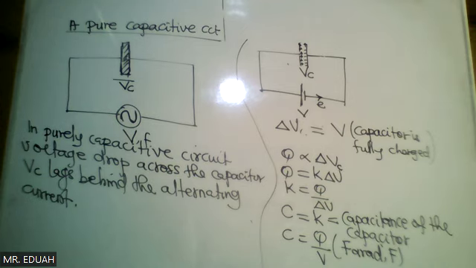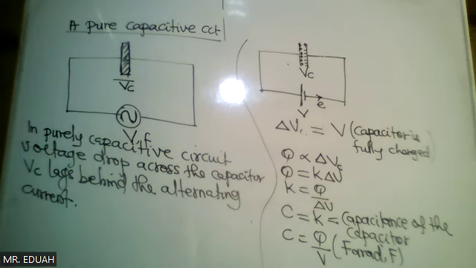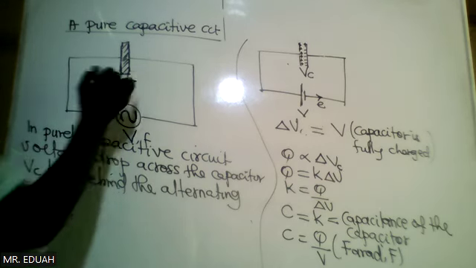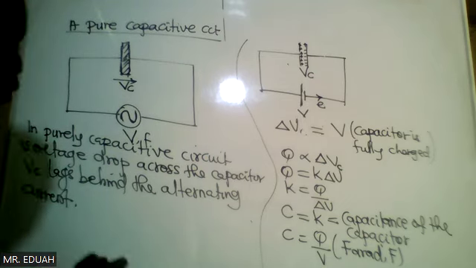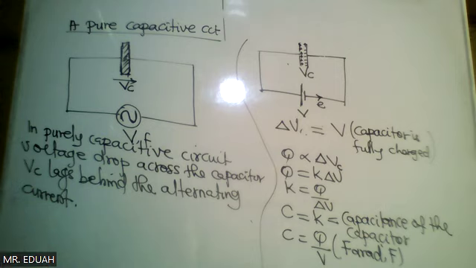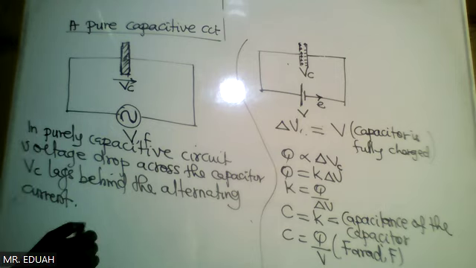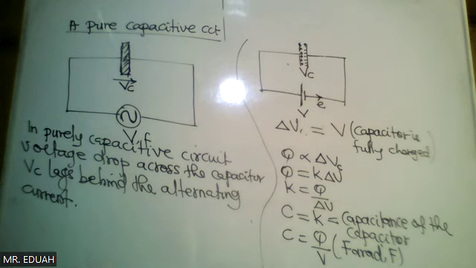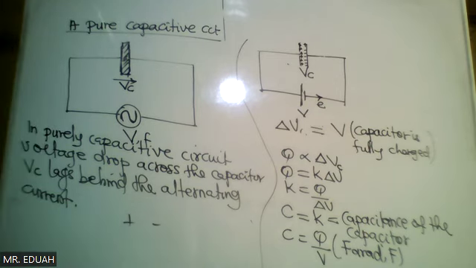So when the current goes up, starting from 0 to a maximum, the voltage drop across the capacitor isn't there yet. So when the current reaches its peak through one cycle, the voltage drop across the capacitor is so small that when it starts the other cycle, it is like positive canceling out negative. No work will be done.